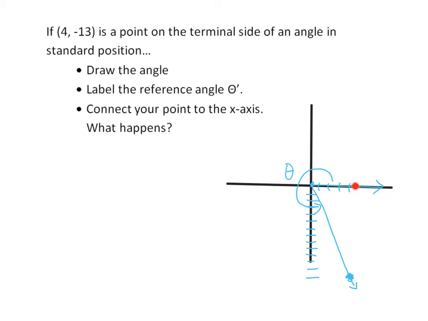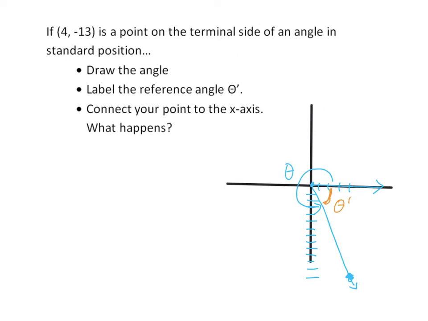So here's the nearest x-axis to this terminal side. The other part of the x-axis is over here. That's further away. So here is my terminal side and the nearest x-axis. So this right here is theta prime. And a really ugly color orange. Okay, so that's theta prime.